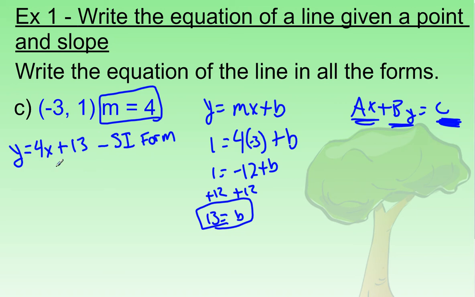So if we move this 4x to the other side, the x and the y's will be together and happy over here, and the 13 will be all by its lonesome over there. To move the 4x over, we need to subtract it on both sides, giving us -4x plus y, because you still have this positive y over here, equals 13. This is our answer in standard form.